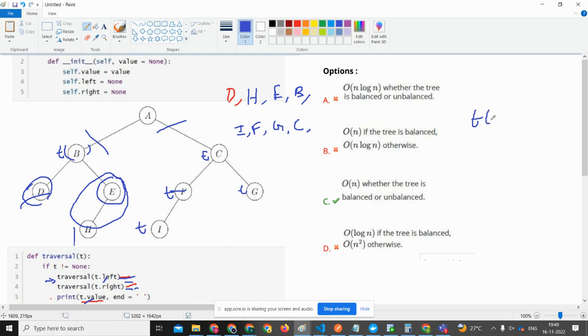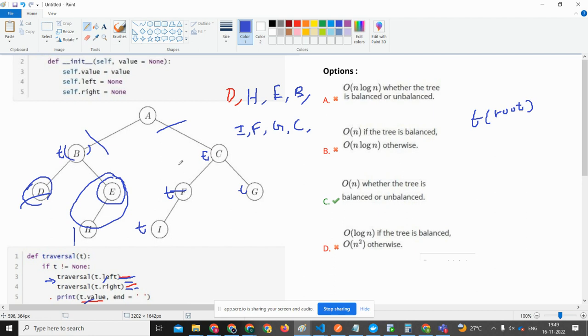So this traversal function, same question. We have to build the answer based on the heights, is it? Based on the heights. What do you mean? N is equal to 1, 2, 3, 4?